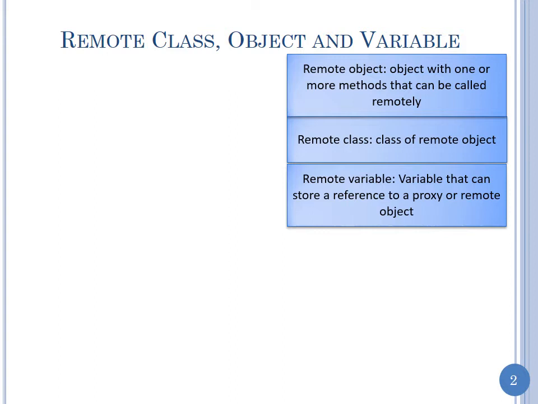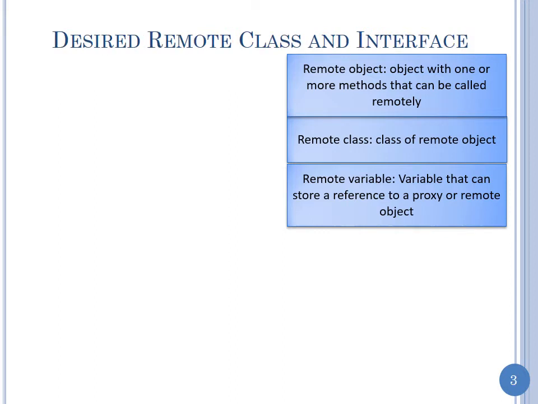So that brings in remote variables, and we said that we want distribution unawareness in our calls. That means a remote variable should be able to store either a proxy to the remote object or the remote object directly. So we're going to look at the concepts in Java RMI that allow these three kinds of entities to be supported.